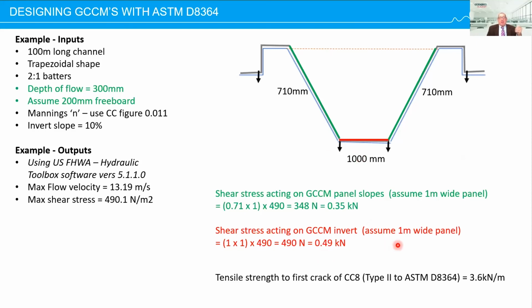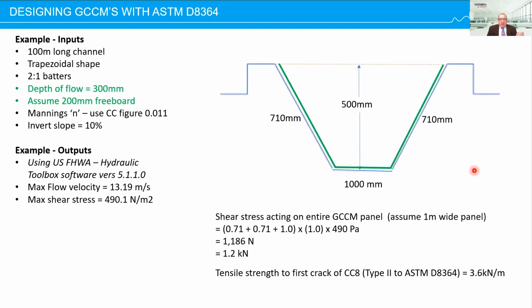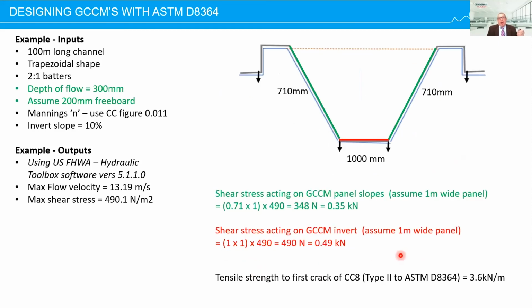So this is an example of how pegging and intermediate pegs and restraints are used to break up the panel length that's exposed to the shear stresses when velocities and shear stresses get much higher. So just go back for a second. Here, on a single panel, the shear stress was 1.2 kilonewtons. And on this panel, when it's broken up, you have 0.35 on the batter and 0.49 on the invert.